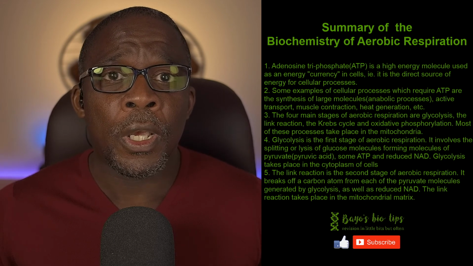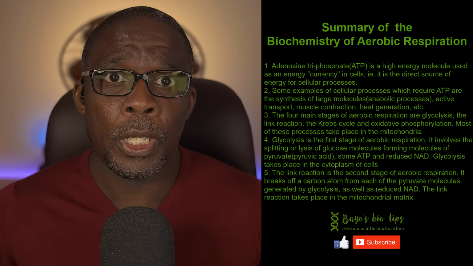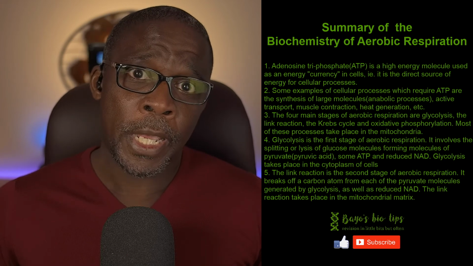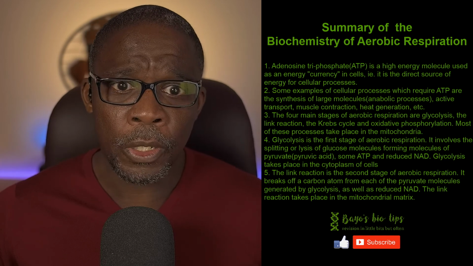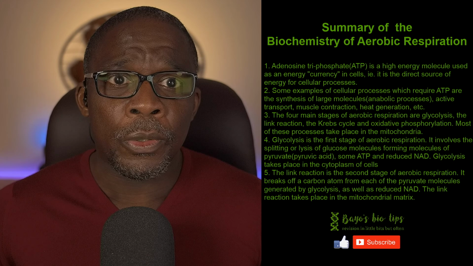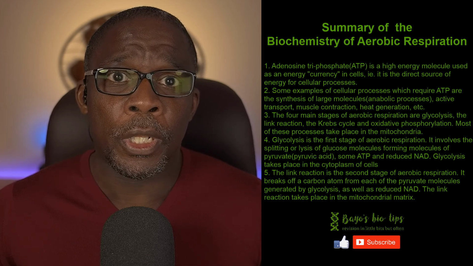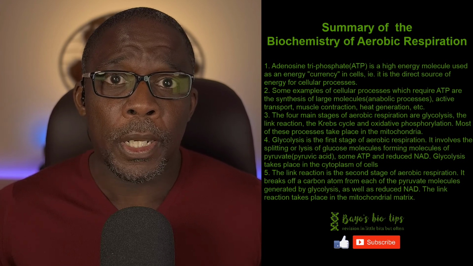It breaks off a carbon atom from pyruvate, which is another step in breaking down glucose. And as well as breaking off the carbon, it also produces reduced NAD. So that reduced NAD can then be used later on, as I said, to generate more ATP.